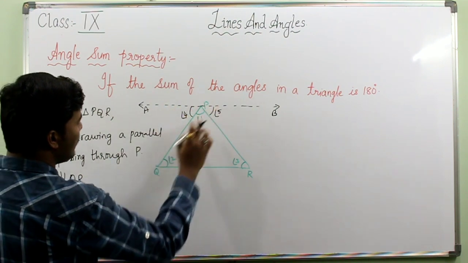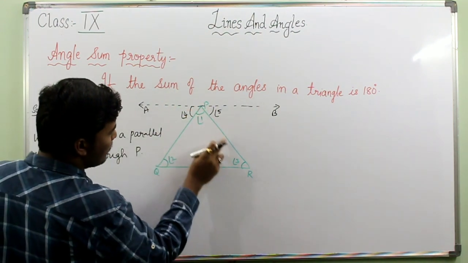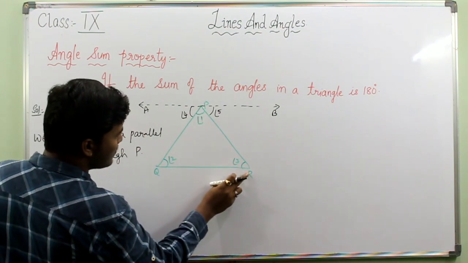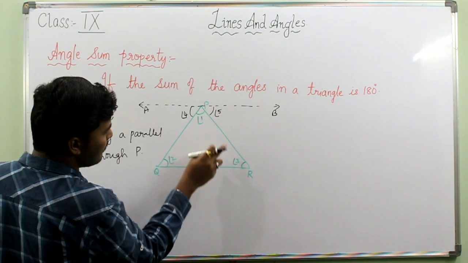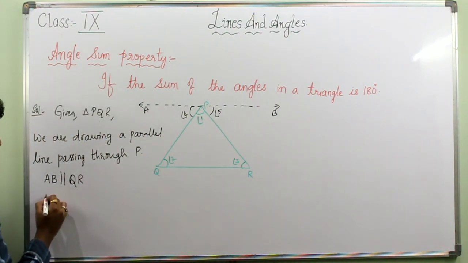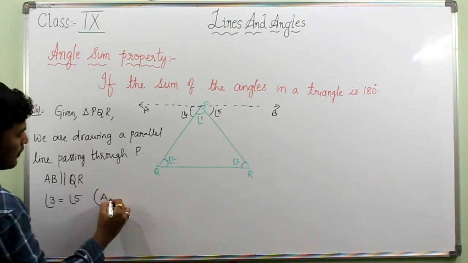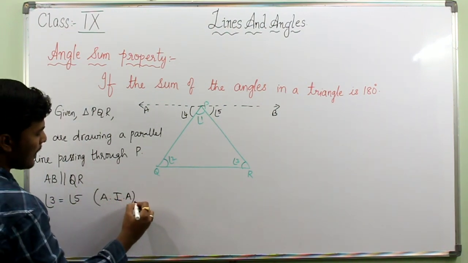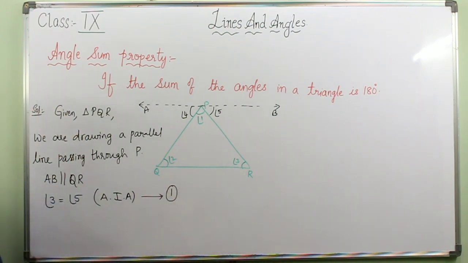If these two are parallel lines, then PR becomes the transversal. Then the two angles 5 and 3 are the same, that is, angle 3 equals angle 5, because they are alternate interior angles. Let us name this the first equation.